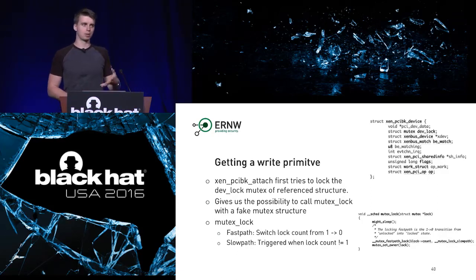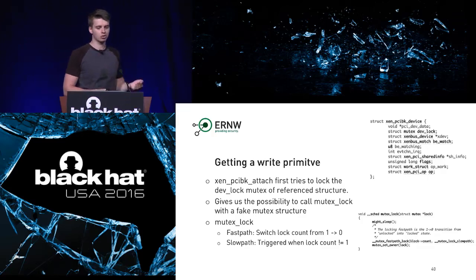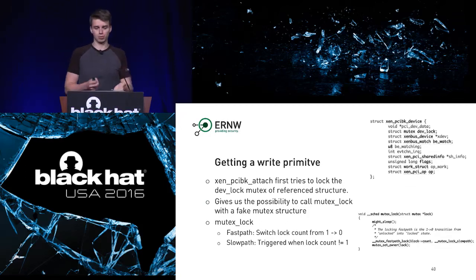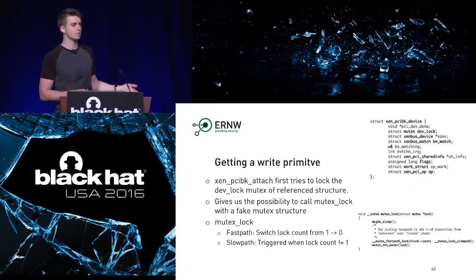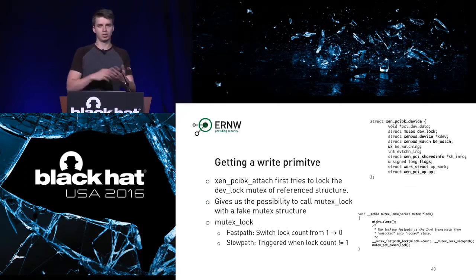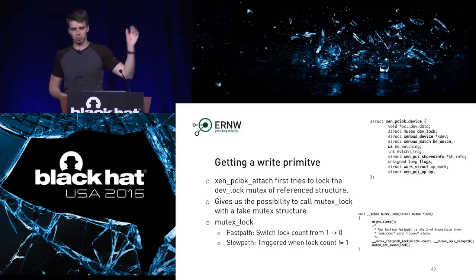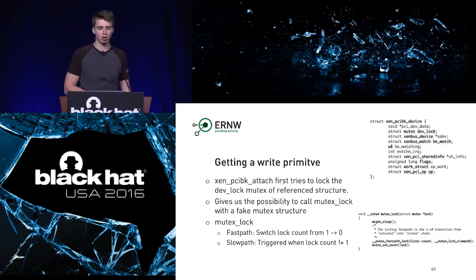And now we have the possibility to call mutex lock with a fake mutex structure, and at first, this doesn't sound too interesting, because if you look at mutexes, probably they just flip like the lock count or something, but it turns out the Linux mutex structure has a fast path that happens if the mutex currently is unlocked, and a slow path. So we need to trigger the slow path by manipulating the shared memory section in a way we have a mutex that looks like it's locked.